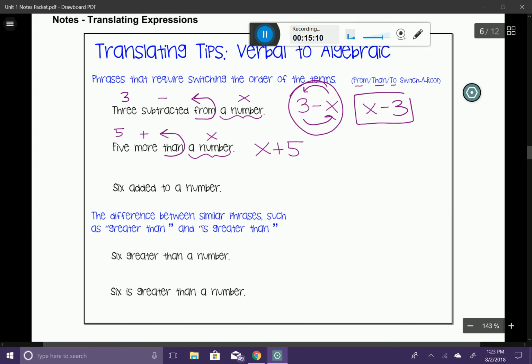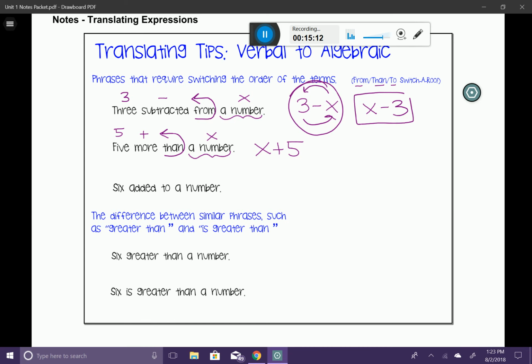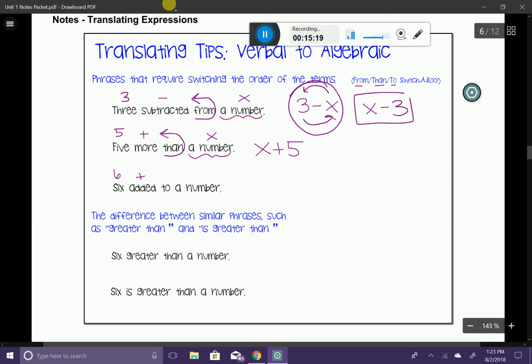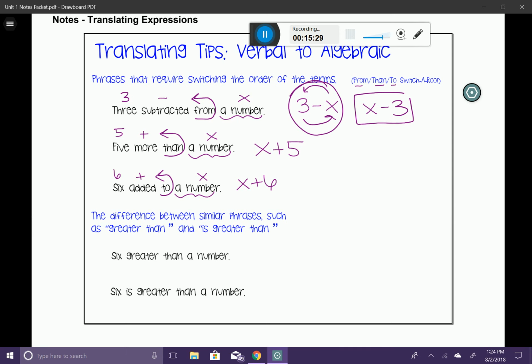And then the last one here, 6 added to a number. I have that word to in there. From, than, to: switcheroo. So 6 added, to is my switch-around word, and then a number. So I'm going to translate it into x plus 6. Those are the switcheroo words to be aware of.